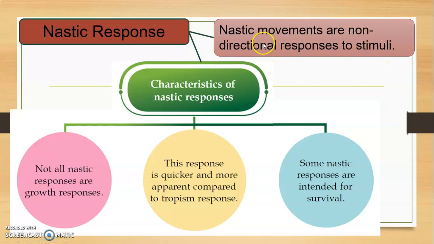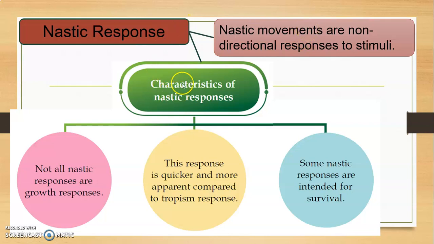It will not move towards or move away from the stimulus. It will come from any direction.